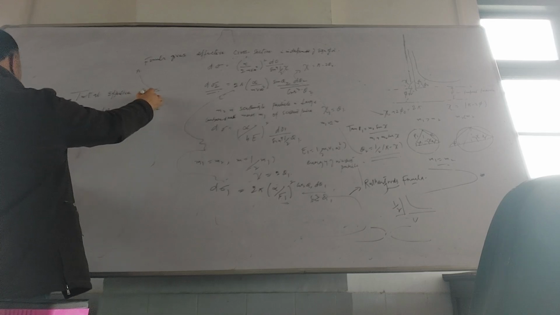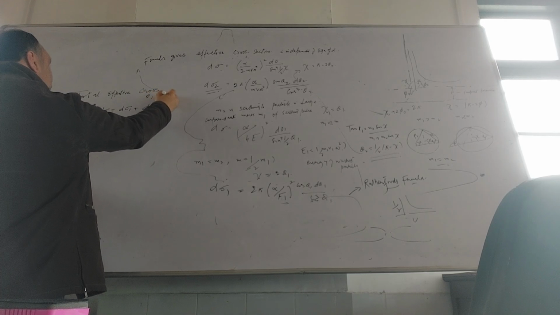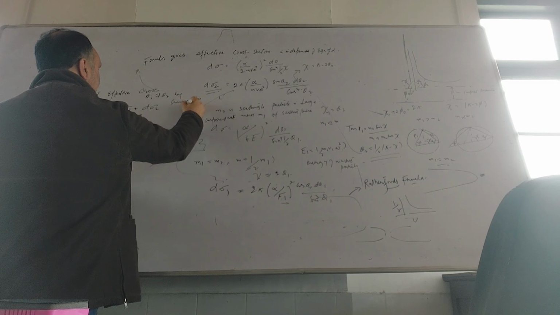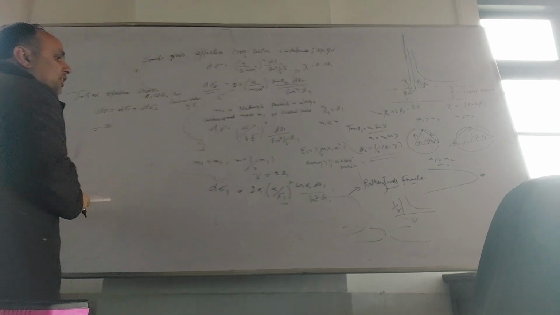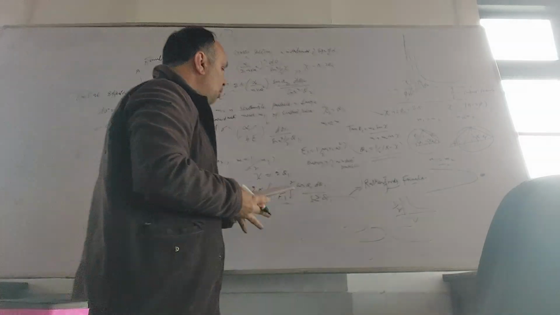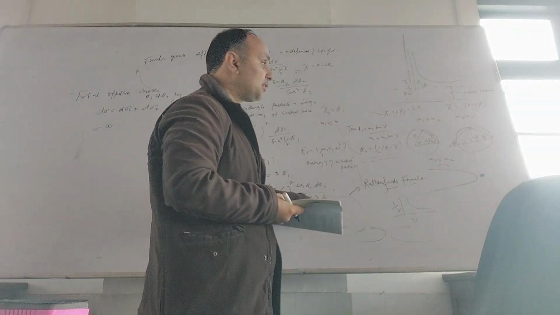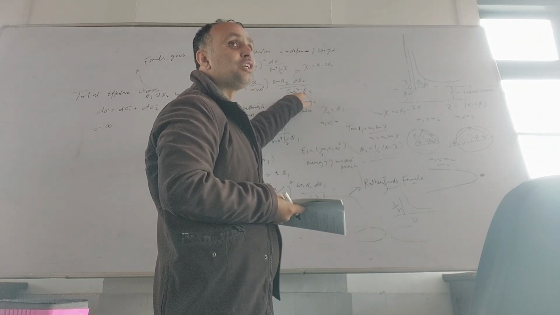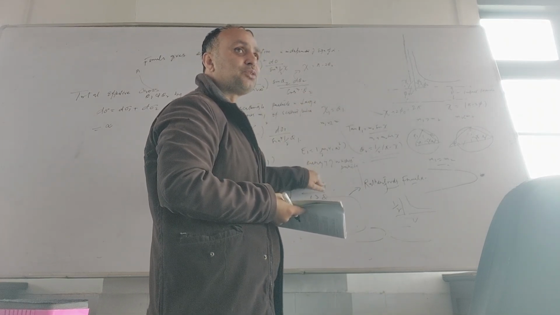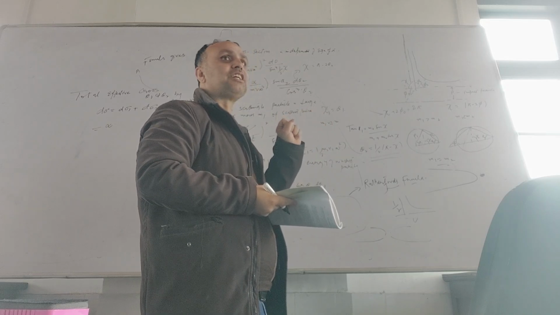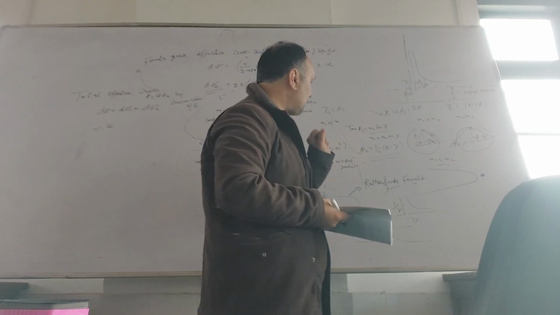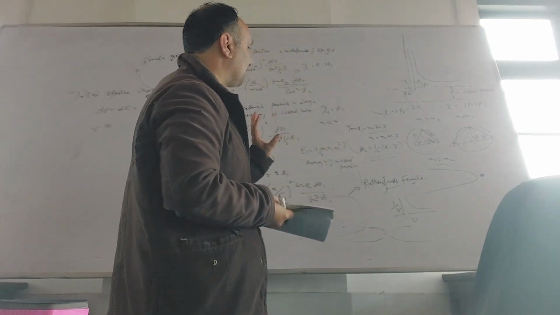And replacing theta 1 and theta 2 by common values of theta. So theta 1 and theta 2, this is theta 1 and this is theta 2. He is saying we transform theta 1 and theta 2 to some common value of theta. So we will write theta 1 and theta 2 in terms of a common value of theta.